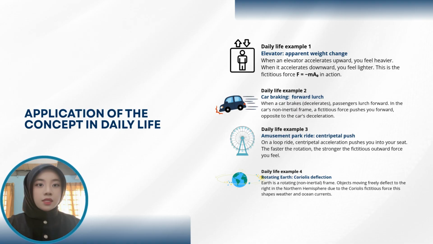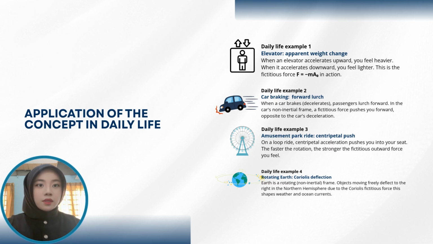The third example is a spinning amusement park ride. As the ride rotates, riders feel like they are being pushed outward. In reality, the ride provides a centripetal force that keeps us moving in a circle, while the outward sensation is explained by the centrifugal fictitious force.